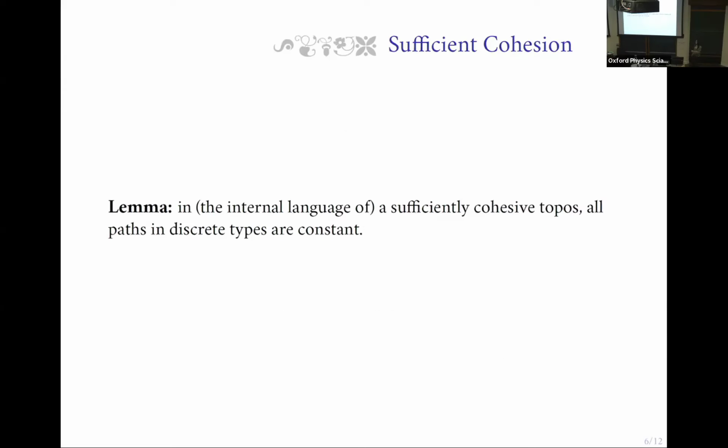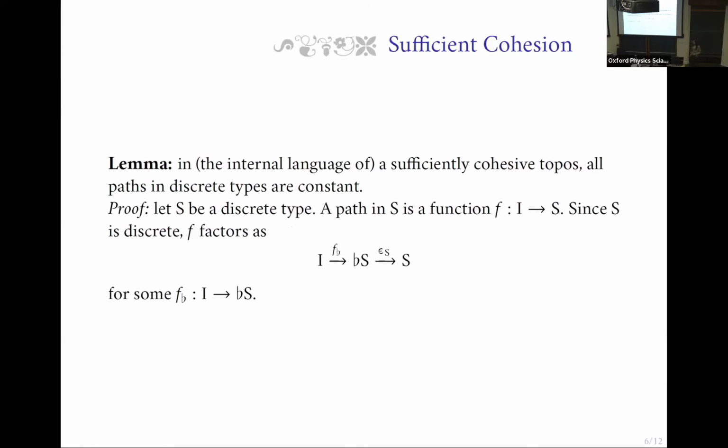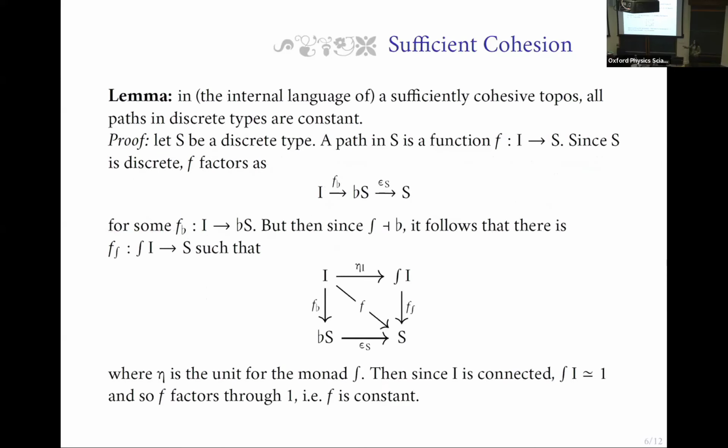One thing that immediately follows from that is that in the internal language of a sufficiently cohesive topos, all paths in discrete types are constant. The proof of that is very straightforward. If you have a function from this interval type to S, then since S is discrete, it factors through flat S. And then since the shape modality is adjoint to the flat modality, you can get a function like this that completes this square.